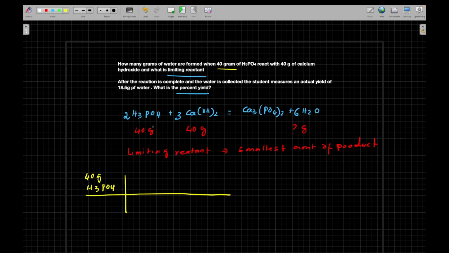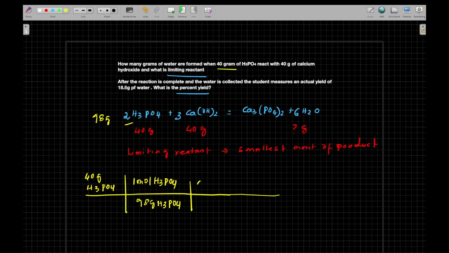First we need to know the molecular weight of phosphoric acid, which is around 98 gram. So, 1 mole of phosphoric acid is 98 gram. Now, we need to feed the mole information of product and reactant.